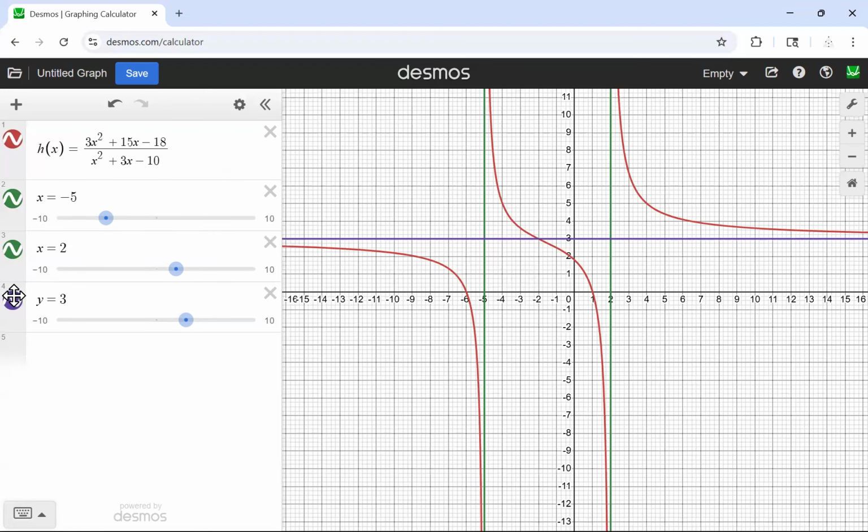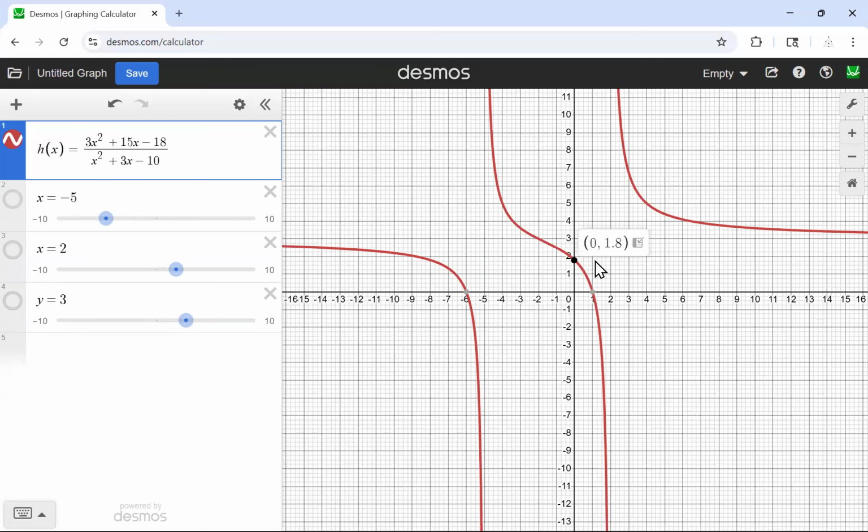Also, you'll see that this graph crosses the y-axis at the point 0, 1.8, and it crosses the x-axis at 1, 0, and -6, 0. Again, here are two x-intercepts, the only two x-intercepts we have, and then there's my y-intercept.